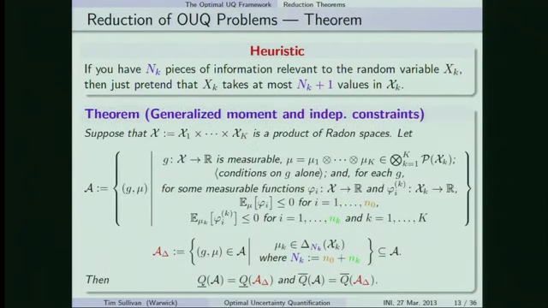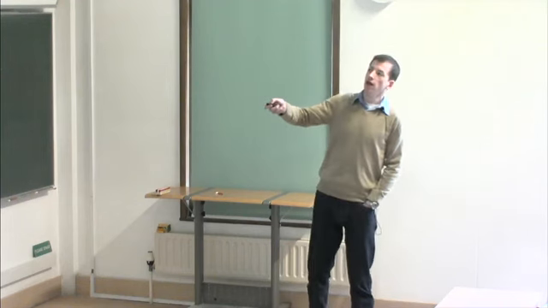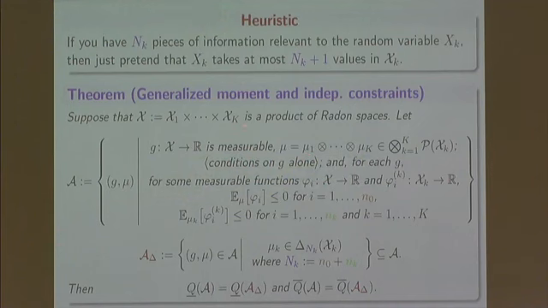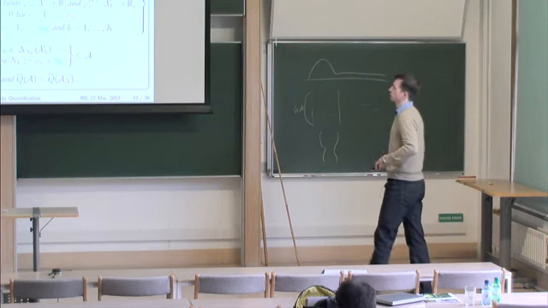The theorem, which I won't keep up for too long, basically underwrites this heuristic: if your parameter spaces are nice and respectable, and your admissible set of scenarios for reality takes this form, so you've got some conditions on what reality's response function is, and you've got some pieces of information about this unknown measure, either the whole of the measure or some of the marginals, then you can get away with pretending that the probability measures are in fact discrete. And that's all that theorem says.